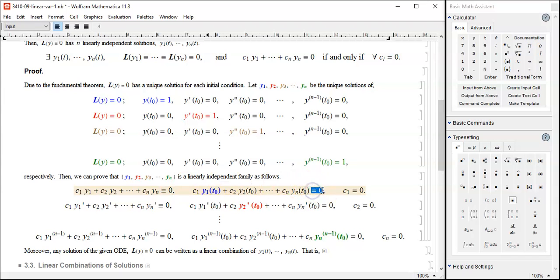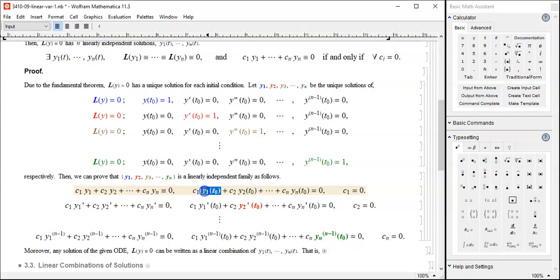But then again, what about all the others here? y2 of t0? That's 0, because y2 is a solution of the second initial value problem. And look at all this column here. For y2, y3, y4, they're all zeros.